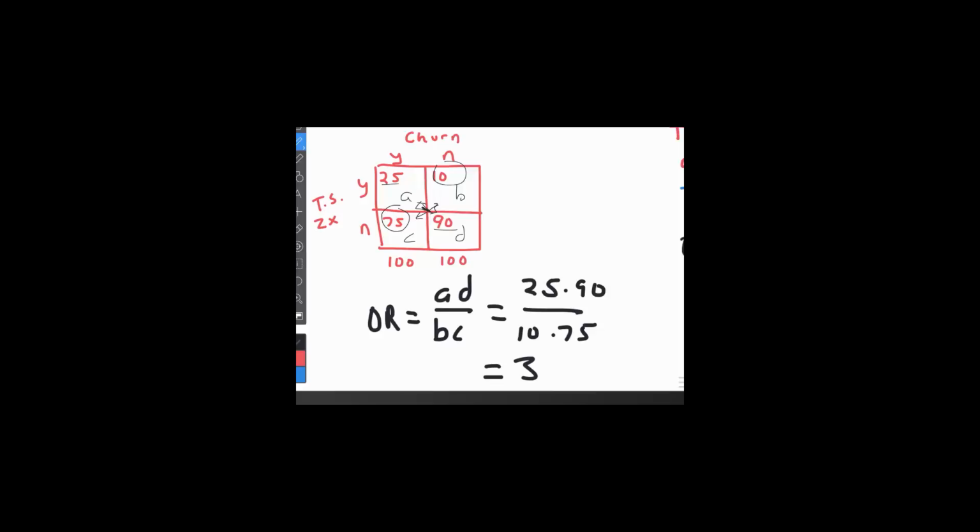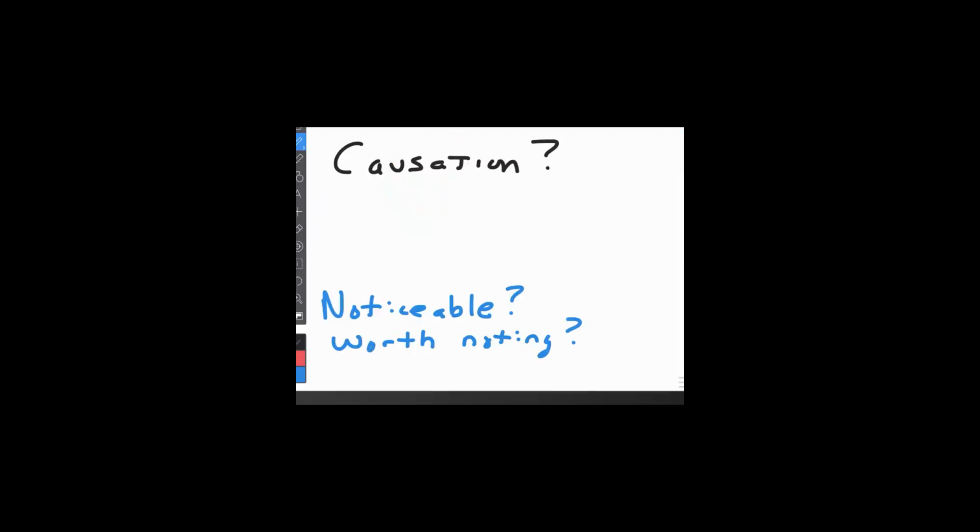And then finally on this, let's spend just a moment on interpretation. First thing is, can we say that we have causation? And the answer is no. This is an observational study, and there are lots of other factors that could affect and make someone who would quit, and also someone who would seek more technical support.